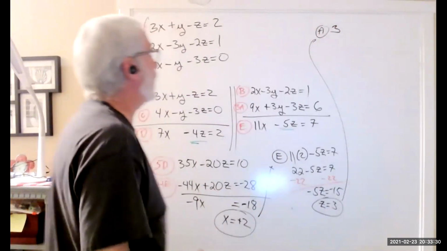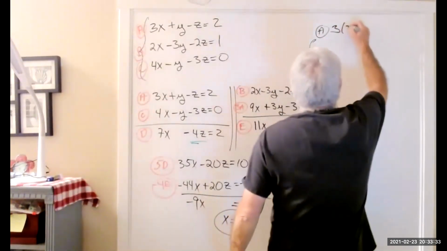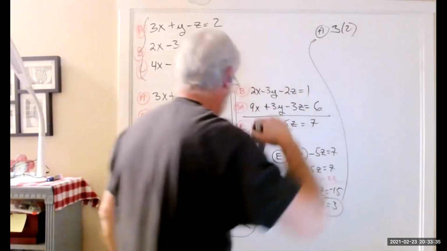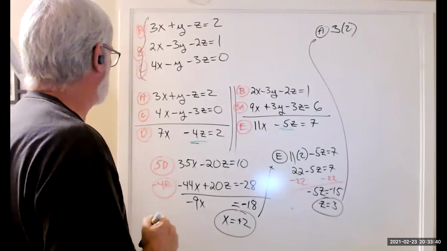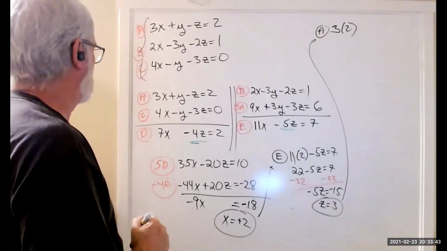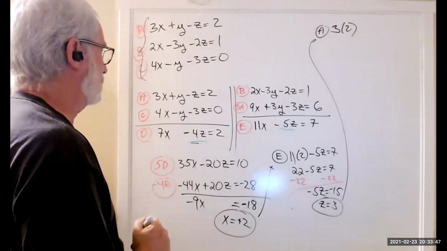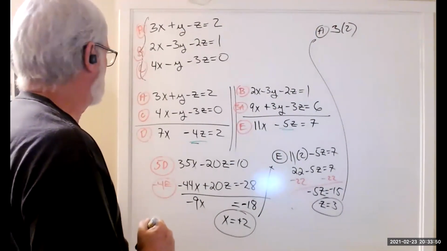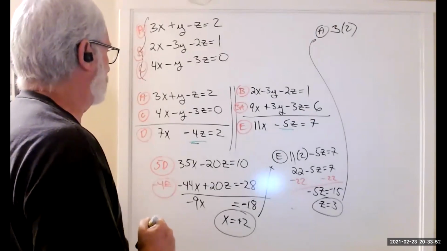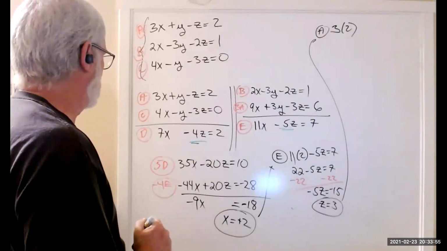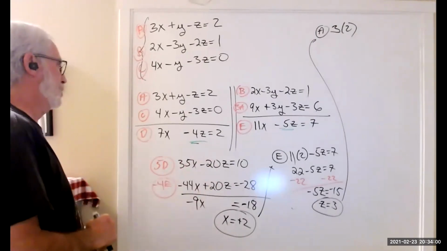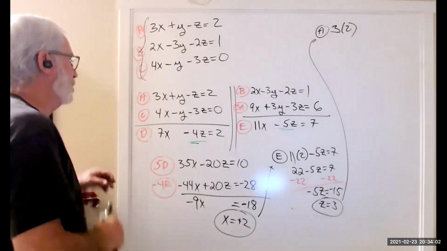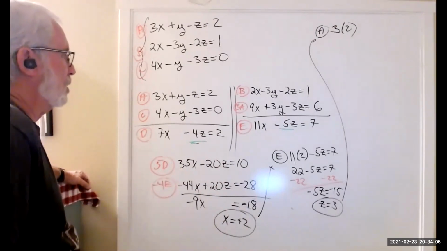Can I stop you for a second? Yeah. So I still was back on, how did you drop out the y for equation A with multiplying it by a 3? Because it just gave me a negative 3z or a positive 3y. And then the equation B or D doesn't even have a y. It's not supposed to. Wait a minute. Yeah, but when I multiplied 3 by equation A, I didn't drop the y out.